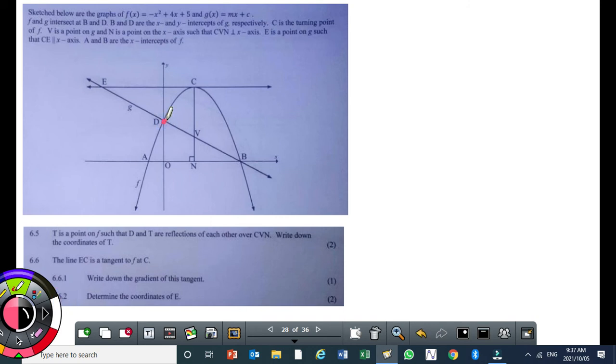D and T are reflections of each other over the line CBN, which means our line of reflection is the line CBN. Now the question says, write down the coordinates of T. You know that this question is so easy. But I know that you learners, you complicate it. I hope you know that when you have got an object and its image, the distance between the line of symmetry and the object is the same as the image and the line of symmetry.